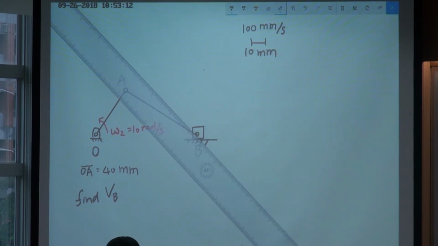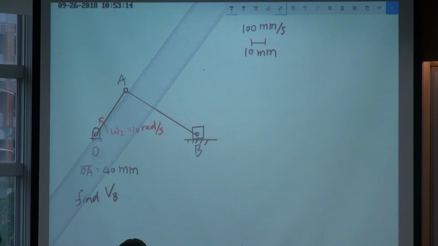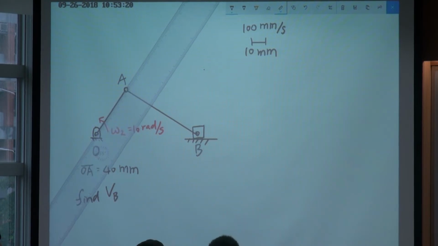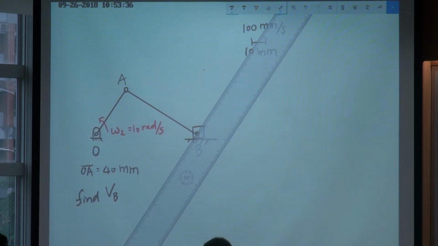You can use this ruler to measure it. So for graphical analysis, you are going to do it this way: use a ruler to measure the length of the bar. This one is just a one-to-one scale. So I measured 40 millimeters. OA is 40 millimeter.